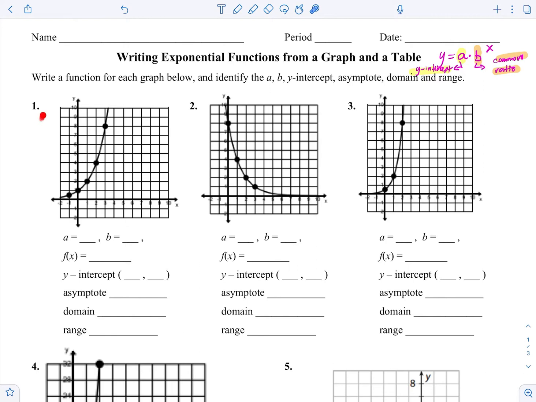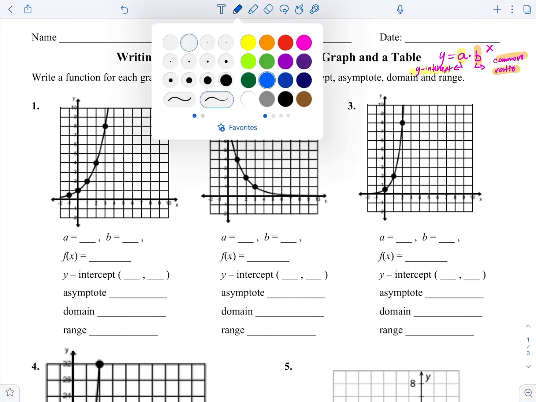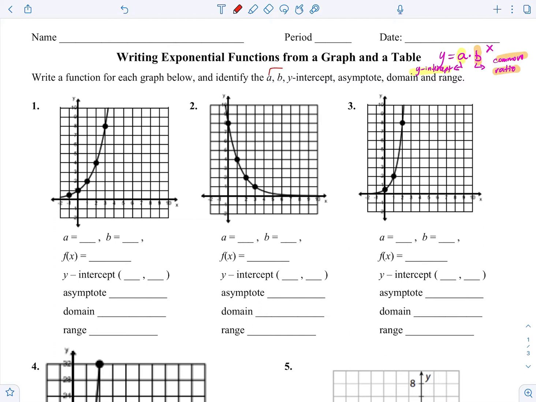All right. For number 1 here, we're given this graph where from left to right there seems to be an increase in the graph. The first thing we're asked to do here is to find out our a. Remember, the a is the same thing as the y-intercept. So there's a connection between a and the y-intercept.